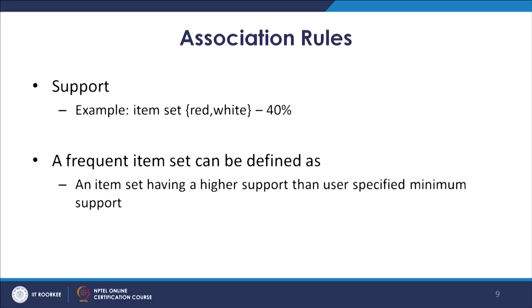So, the user has to specify the minimum support level for an item set to be considered a frequent item set. If the support for a particular item set is higher than that, then it is going to be considered a frequent item set, and these frequent item sets are then going to be used in the rule generation process.